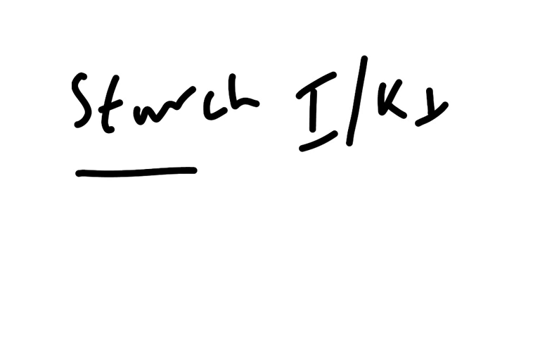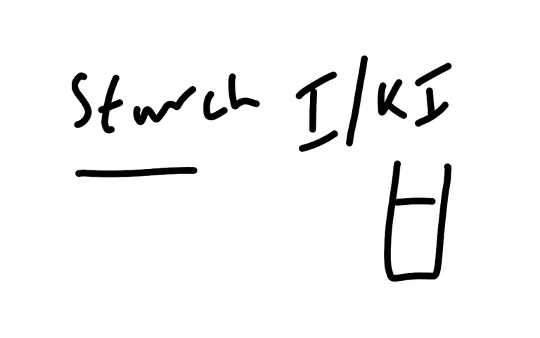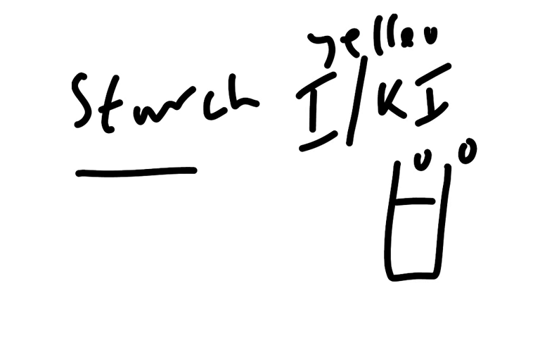Right, the next one is a test for starch. And starch, remember, is a polysaccharide you find in plants. The way you test for starch is you add iodine in potassium iodide. You take your solution and put a few drips in it. Now iodine in potassium iodide is a yellow colour.